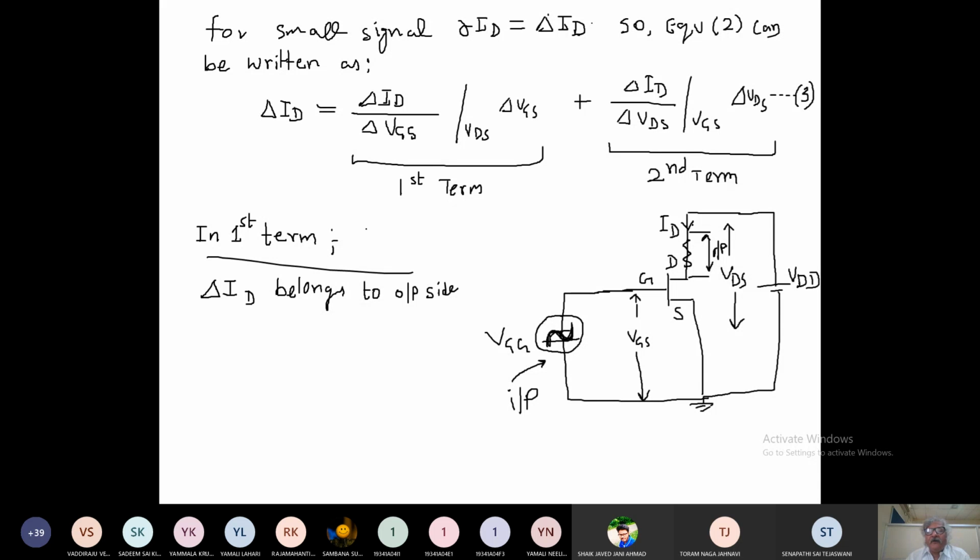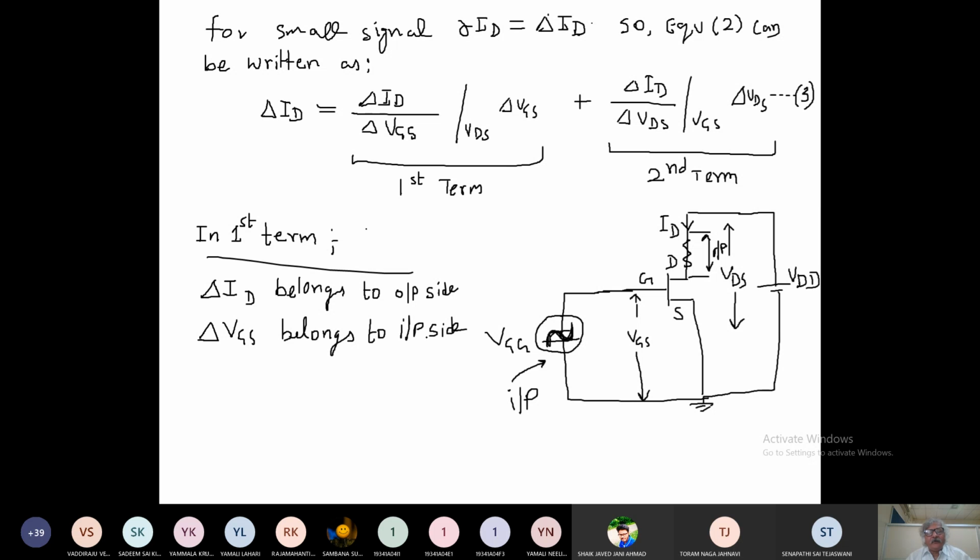So a small change in the drain current belongs to the output side, whereas delta VGS belongs to the input side.